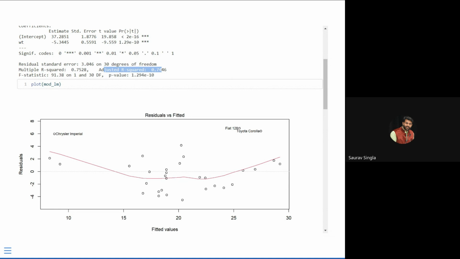So 0.74 means the linearly explainable variation in miles per gallon using the weight variable is 74%. Is this clear? You got my point? That is the linearly explainable variation in the miles per gallon variable.